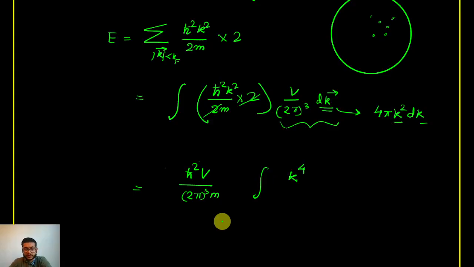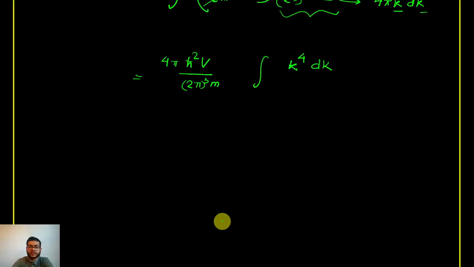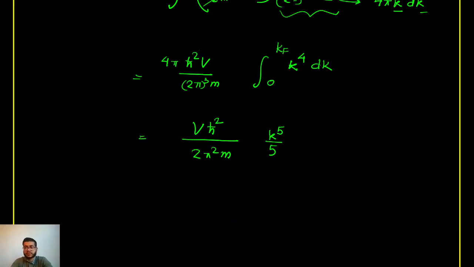So we get the integral of k to the power 4 dk. When we do that, what we get is V h bar square by 2 pi square m times k to the power 5 by 5, from 0 to kf.